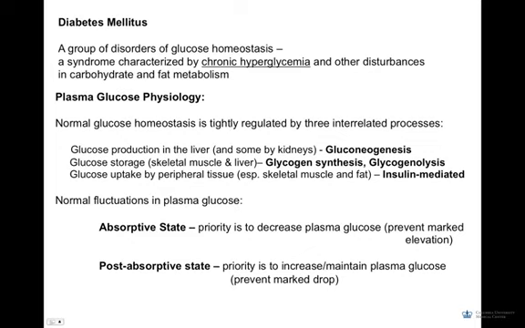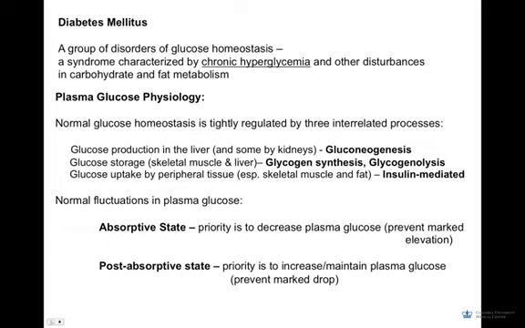And then we also have significant glycogen stores in the liver. The liver glycogen stores are designed to be a storage of blood glucose, basically. So glucose in the liver stored in the form of glycogen can be broken down and then released into the bloodstream when needed to maintain blood glucose.